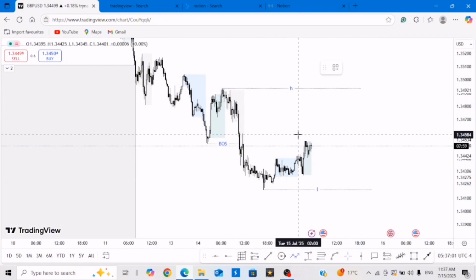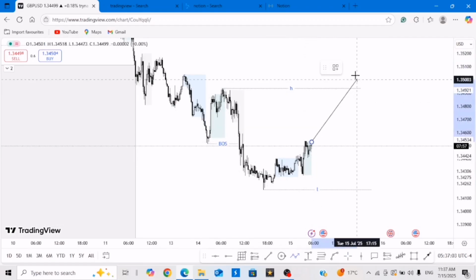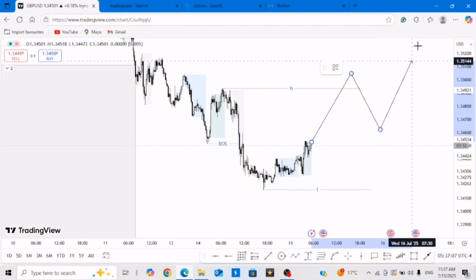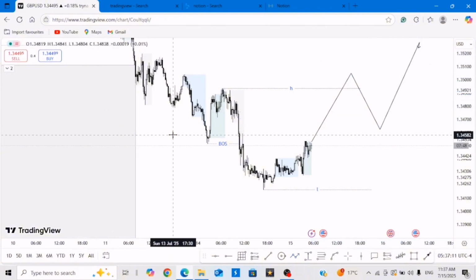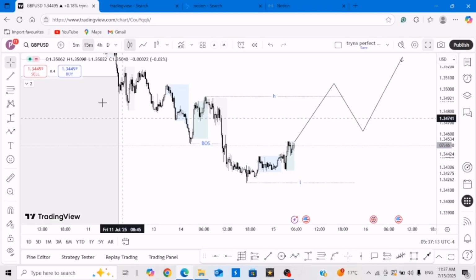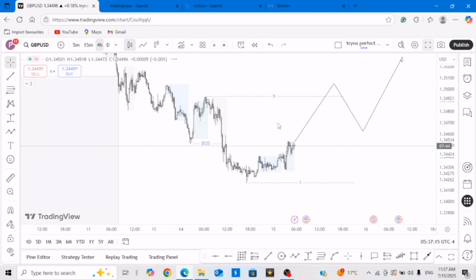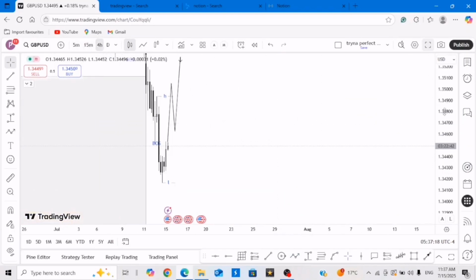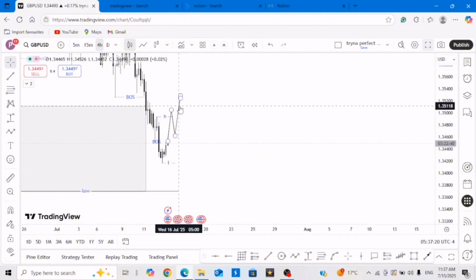In order for me to start looking to buy, I'm gonna have to wait for price to break this high right here and then give us a pullback before buying and getting that early entry with the buys on the market, because structure on the lower time frame is still bearish.